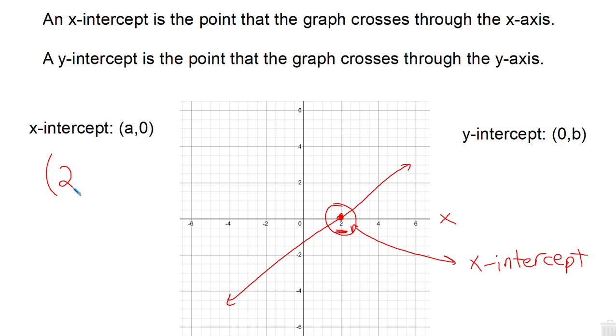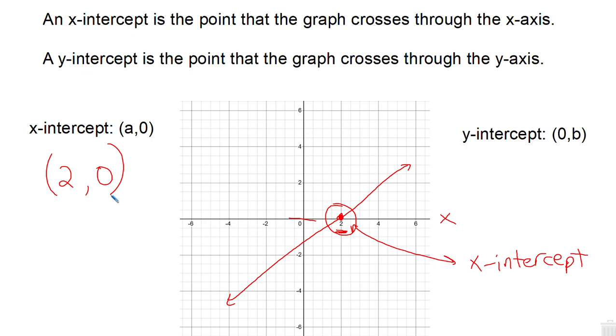The y value will 100% of the time always be 0, because when we're talking about an x-intercept, we haven't gone up at all, and we haven't gone down at all. Our y value is neither positive, nor is it negative. Our y value is just 0. So the y coordinate for our x-intercept is always just going to be 0.